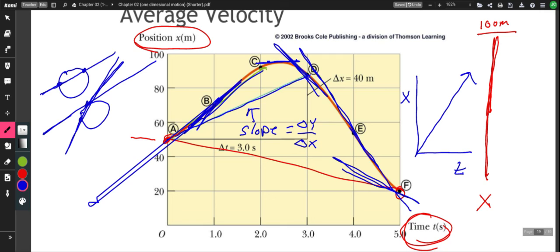When the velocity changes, so we get a different slope at some point, then we find that the average velocities and the instantaneous velocities are no longer the same if we are looking at it past the point of acceleration right here.